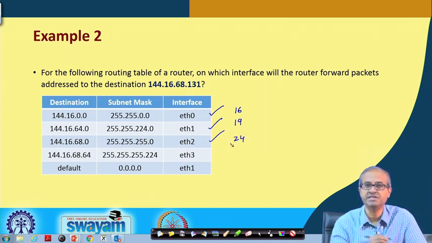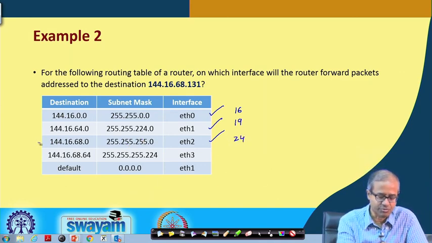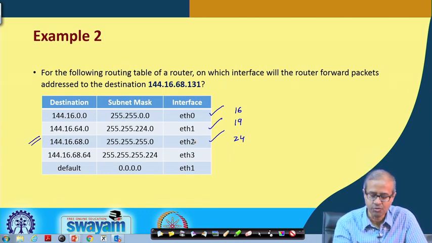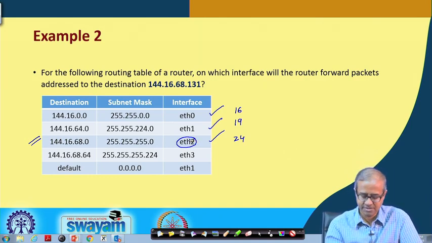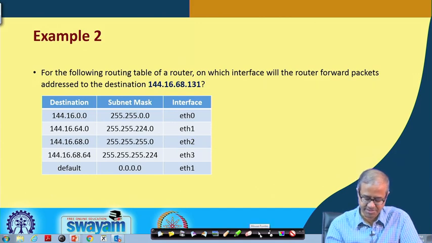So, the third one is the longest prefix. Ultimately, the match will be identified for the third row and the packet will be forwarded to this ETH2 interface, right. This is how the packet forwarding will take place.